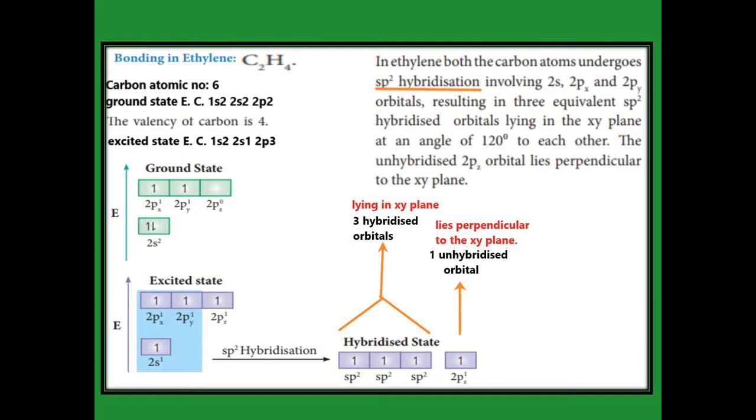Now we get 3 hybridized orbitals from the s orbital and 2 p orbitals, which is sp2. How many sp2? 3 sp2 orbitals. Those 3 sp2 orbitals are lying in the xy plane. Then we have one unhybridized orbital. That unhybridized orbital lies perpendicular to the xy plane.